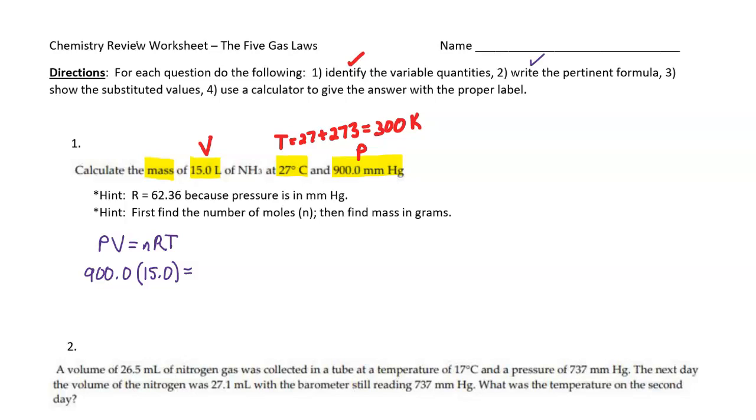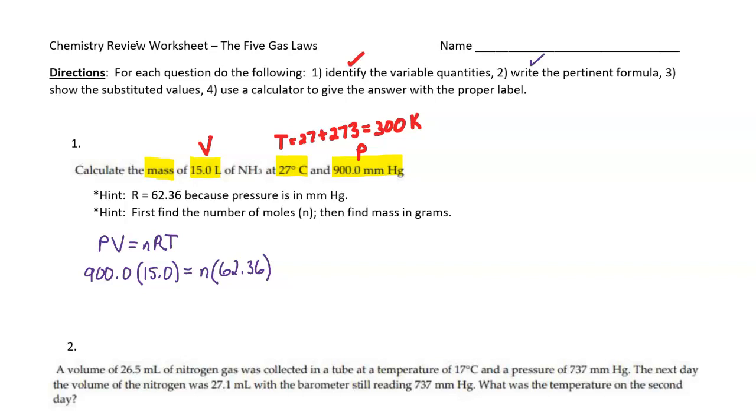N is number of moles. That's not provided to us in the problem, so I'm going to leave the variable N. In place of R, the ideal gas constant, I'm given in the hint that it's 62.36. Sometimes the number you use for R is 8.31.